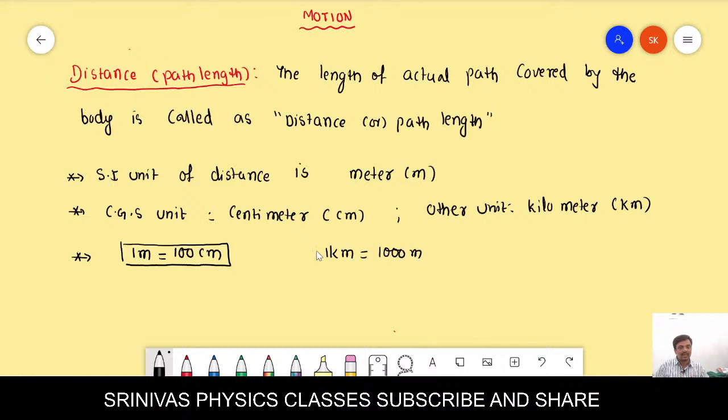I'm waiting. Right. 1 kilometer is equal to 1,000 meters. Like this, there are several units for distance.